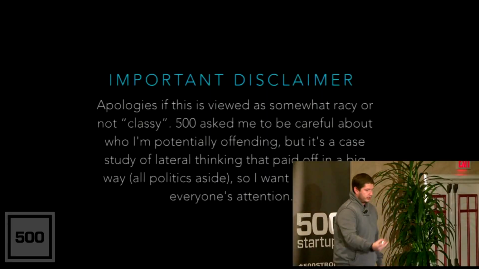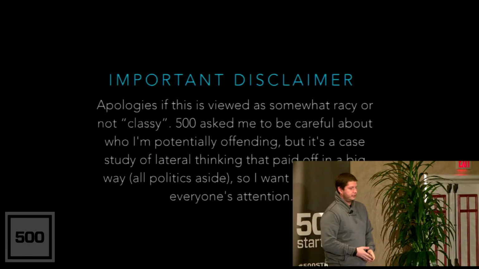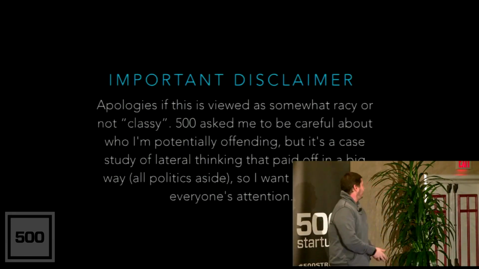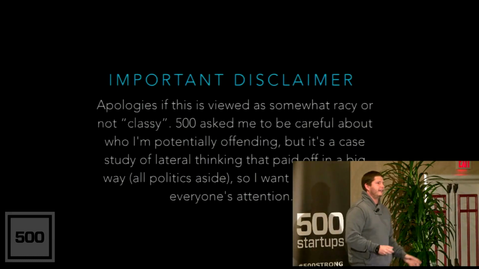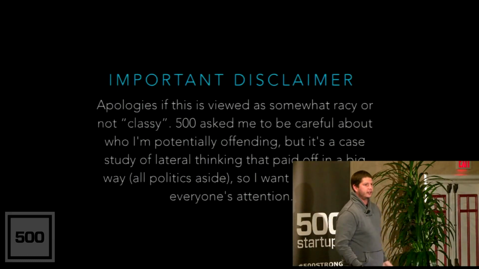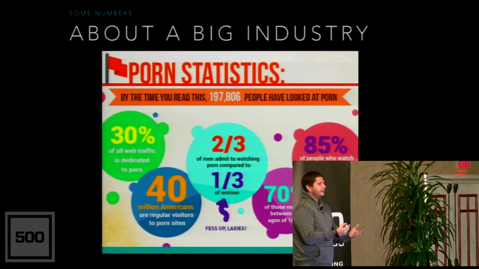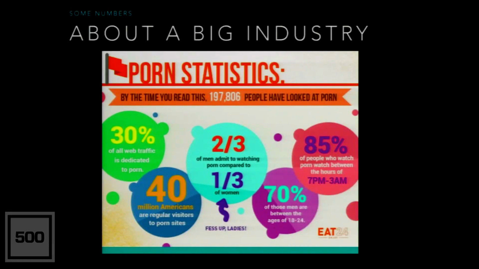An important disclaimer: apologies if this is viewed as somewhat racy or classy. Basically, 500 Startups doesn't have anything to do with this example, but I think it's a good example of lateral thinking. These guys created a food delivery service, and it was very expensive to do delivery of food in San Francisco.